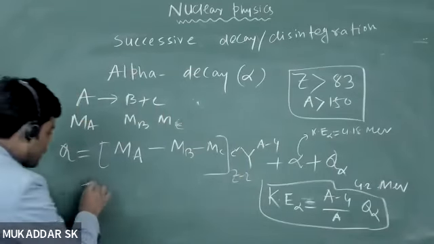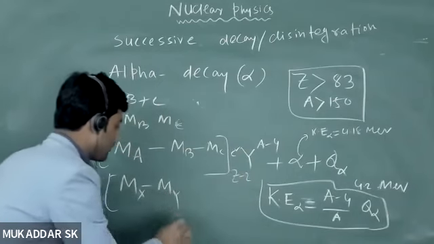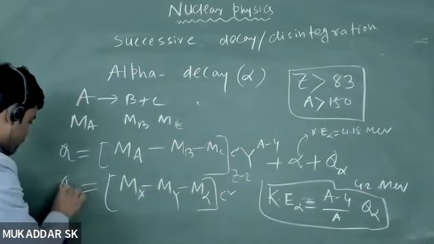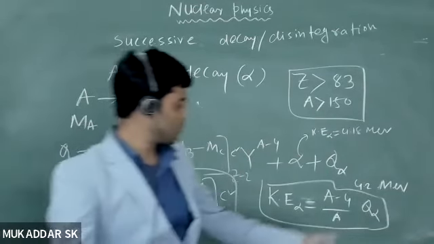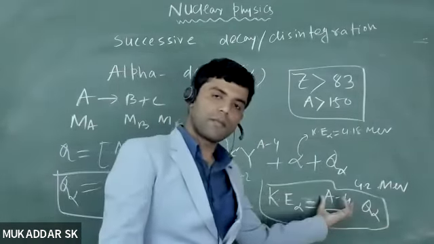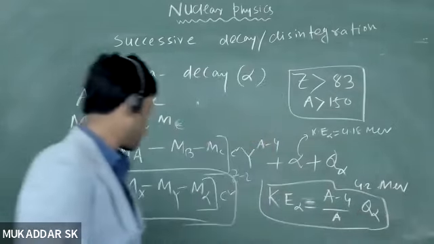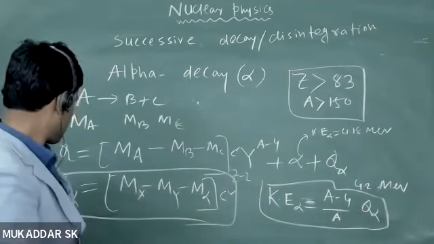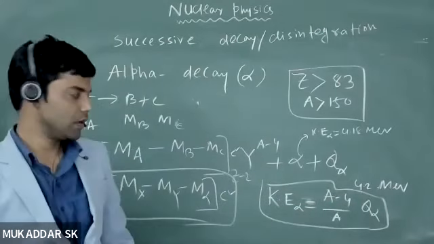For alpha decay, what I'll write? I'll write the nuclear mass of parent nuclei minus nuclear mass of daughter nuclei minus mass of alpha particle, into C square, and that will be your Q alpha. Okay. So if they provide that Q value, and in alpha decay you have A minus 4 as the mass number of daughter nuclei, or if they're not providing that Q value but they're providing the nuclear mass of parent, daughter, and alpha particle, you can calculate that Q value, and you can calculate the kinetic energy of the emitted alpha particle in alpha decay.